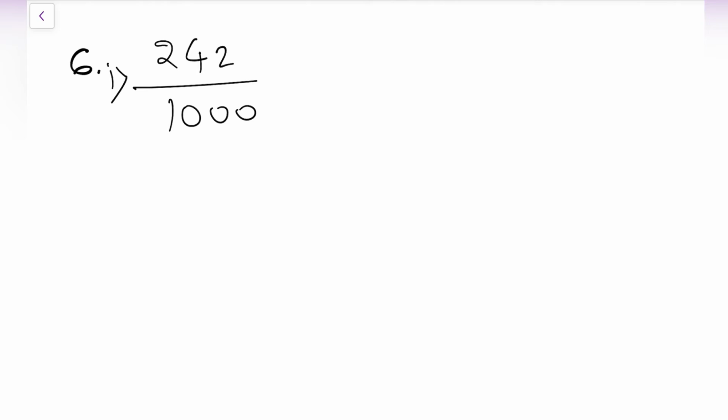Always remember one thing, if the denominator has a number like 10 or 100 or 1000 or 10,000 or 1 lakh, 10 lakhs like that, then the division will be very easy. Without doing the long division, directly we can write the decimal point. So always, if possible, I will try to make the denominator in this form.